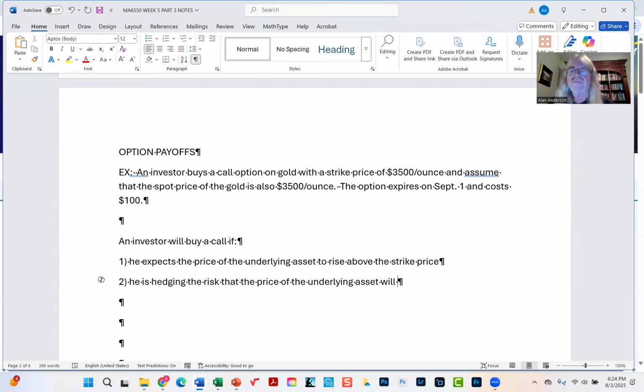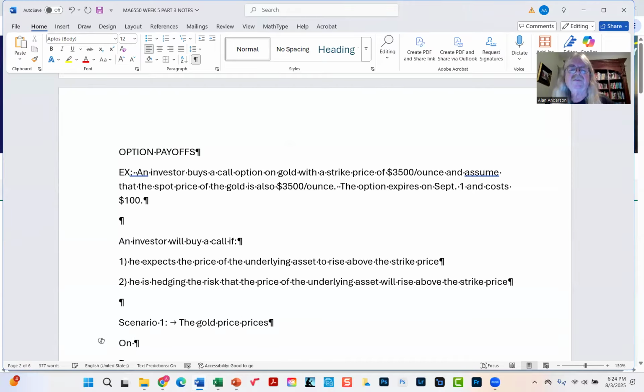So in other words, it could be either one. Okay. Now, let's assume that September 1st rolls around. We're going to look at two scenarios. Scenario one, the gold price rises.